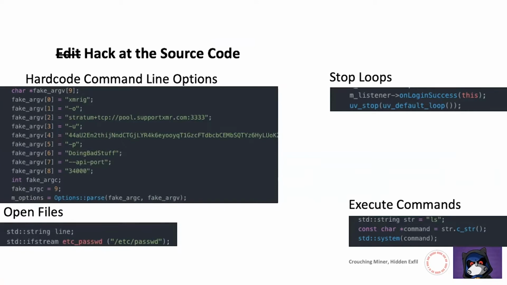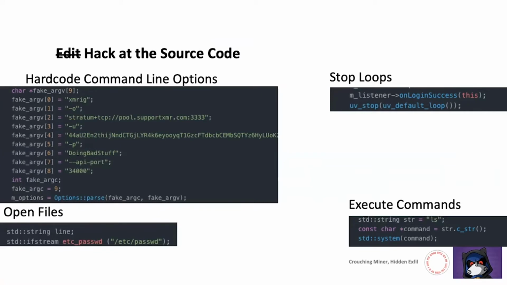So the best way to do that would be to wait for a successful login and then stop the loop and start again. That's as simple as Googling around, figuring out what the code is to stop it, and then finding the successful login in the source code and adding it in there.